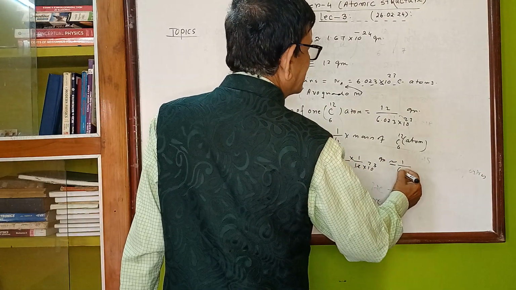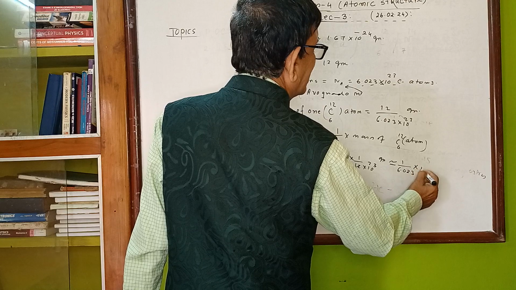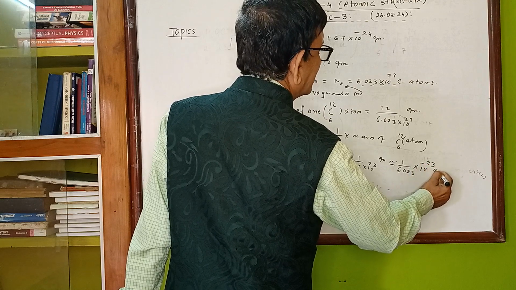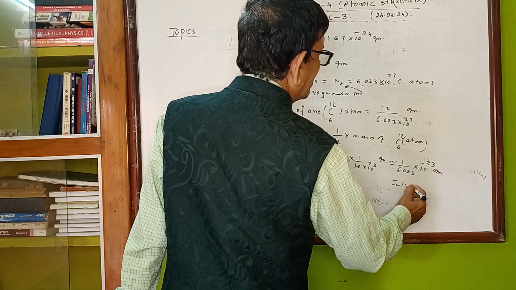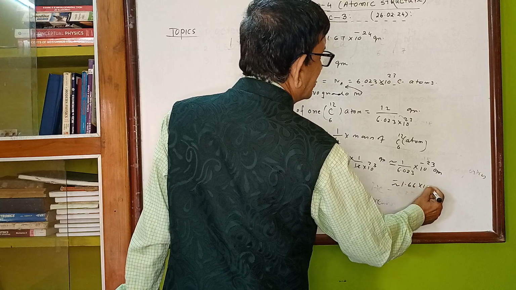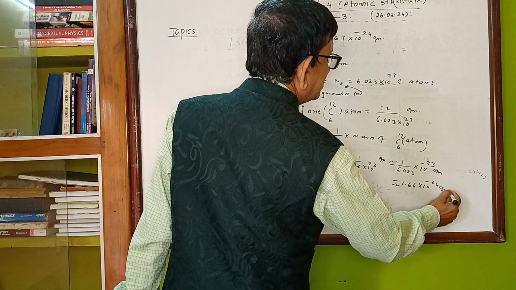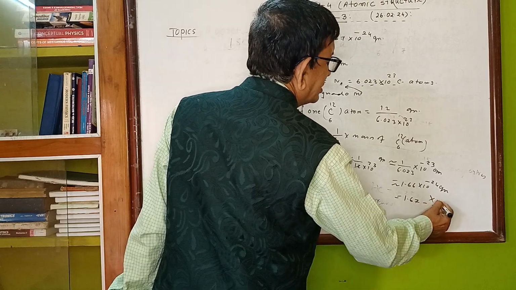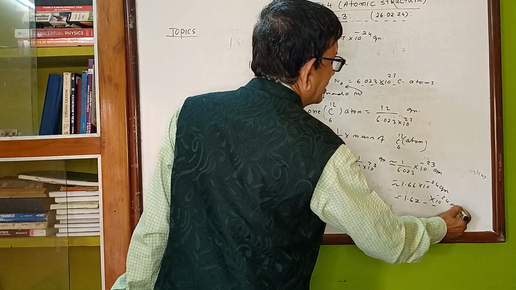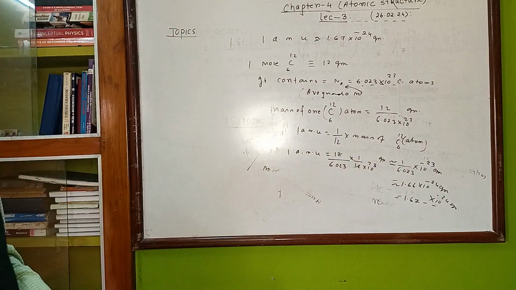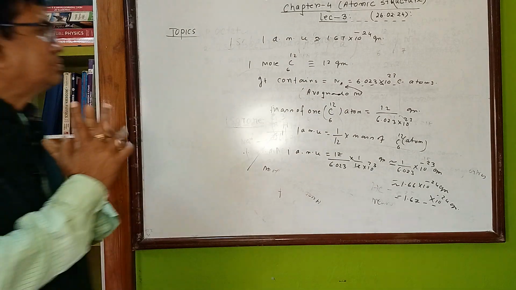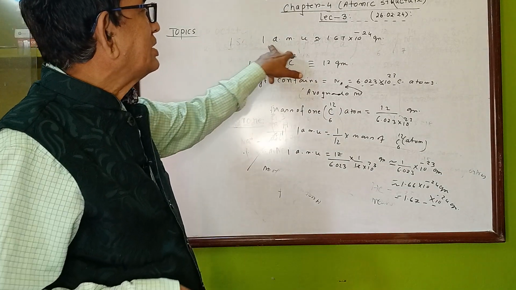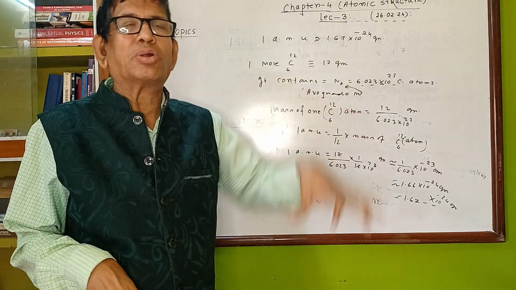So 1 by 6.023 into 10 to the power minus 23 gram. That is coming roughly 1.66 into 10 to the power minus 24 gram. Again I am telling you, this relationship is very important.